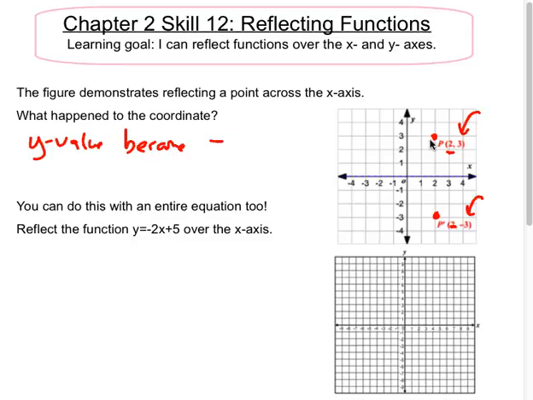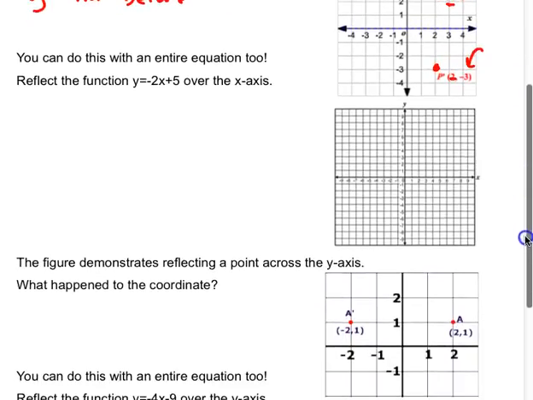And that actually holds true when you do this with entire equations as well. So if I'm trying to reflect the function y equals negative 2x plus 5 over the x-axis, what ends up happening is the y becomes negative, just like it did with the point from the first one.